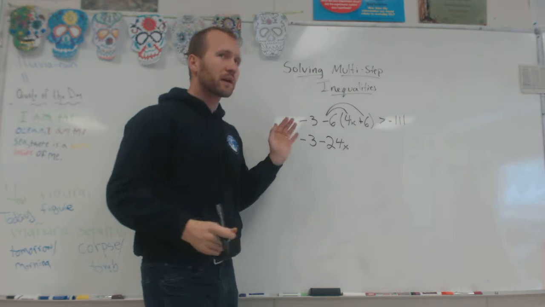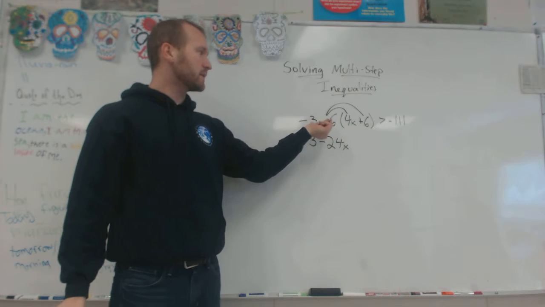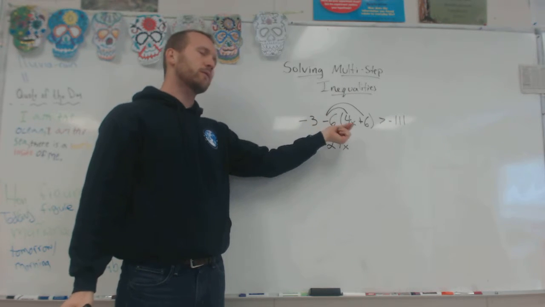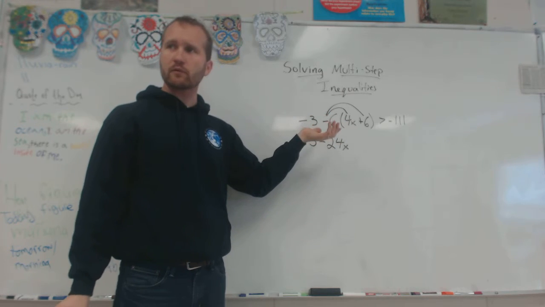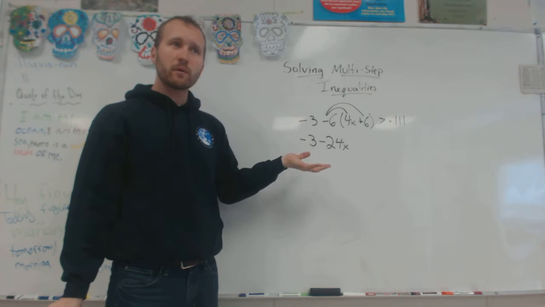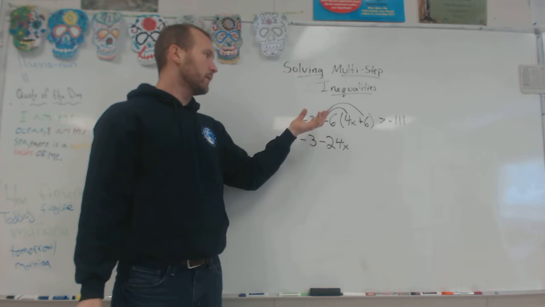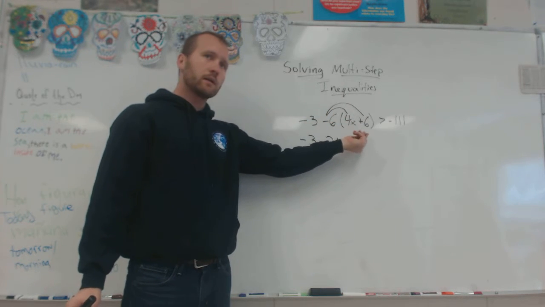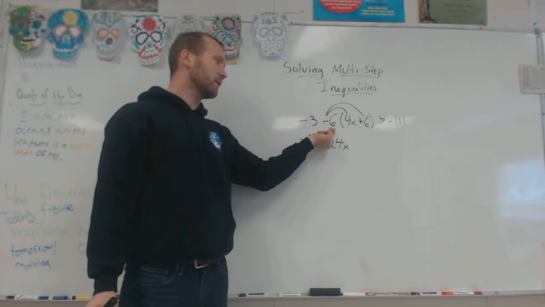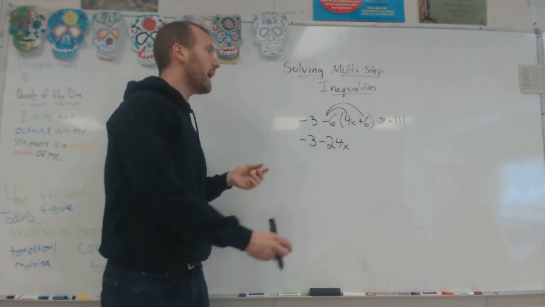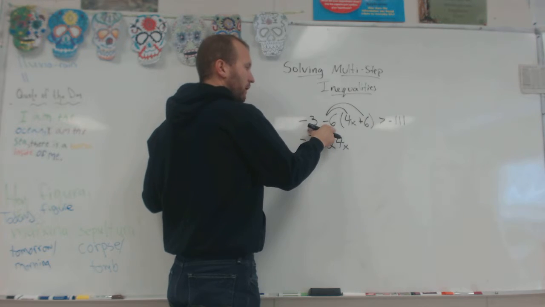So be super careful with problems like this. Because if you lose track of that negative, or if you forget what's multiplying and what's adding, it's easy to do a step in the wrong order. But just remember PEMDAS, right? Multiplication comes before addition and subtraction. So I have to multiply this before I can add these.